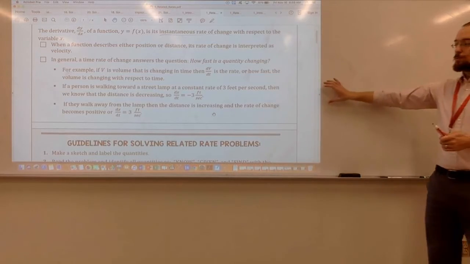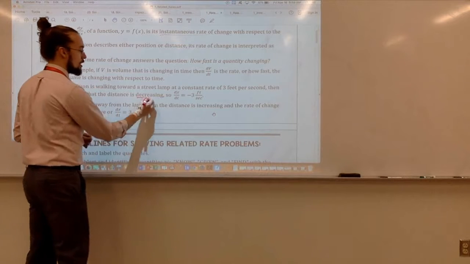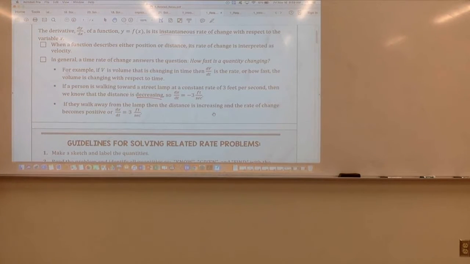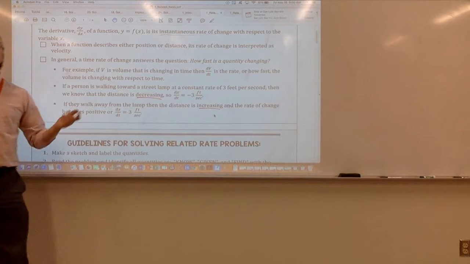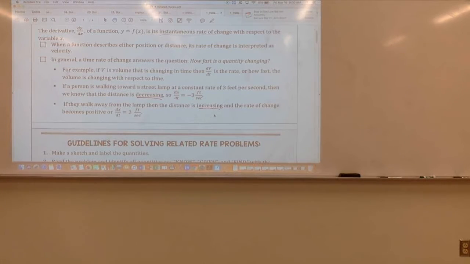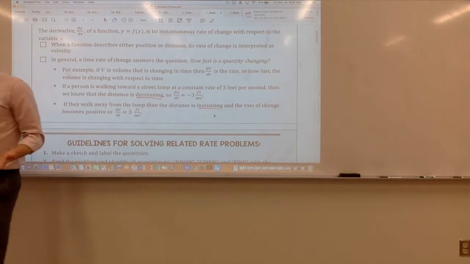And then these two here, we mentioned this as well. Whenever some rate is decreasing, the rate is negative. Whenever the rate is increasing, it's positive. The example they give here is if I'm walking towards a lamppost, the distance between the lamppost and myself is decreasing, so I would make that a negative rate of change.